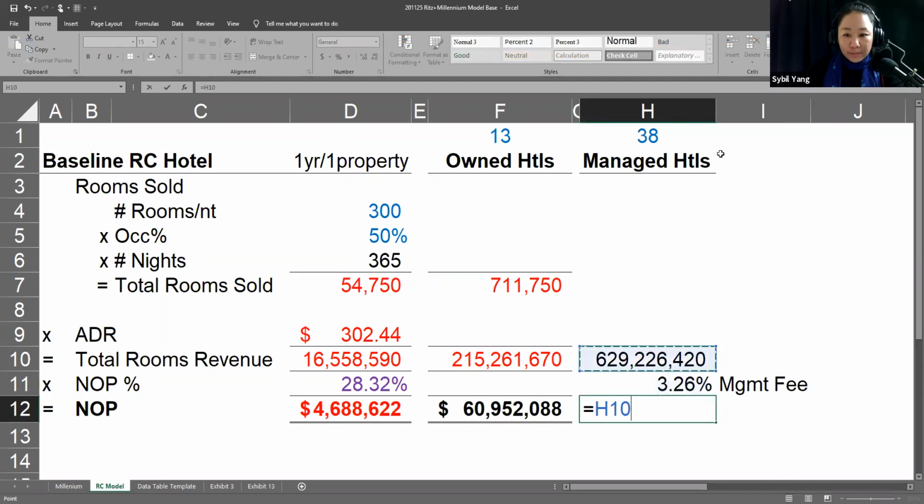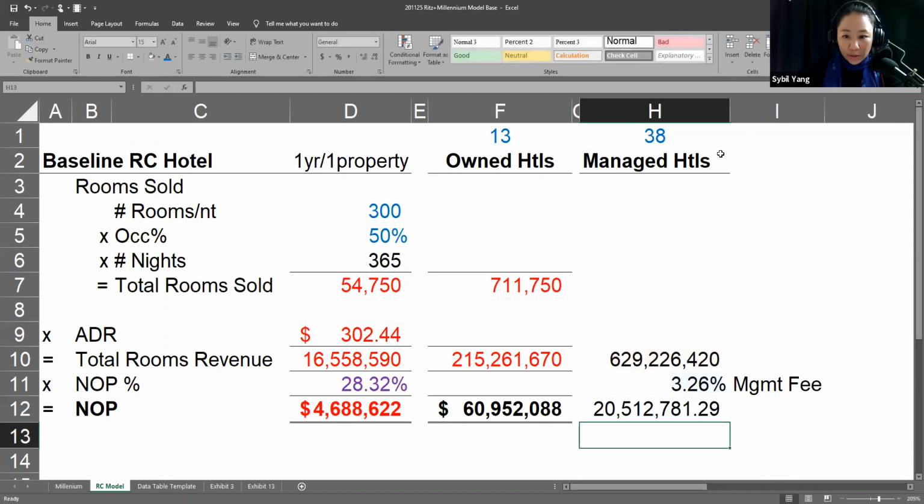So this means that Ritz-Carlton will earn 3.26% of, remember, of means times, the total rooms revenue generated by the hotels that they manage.